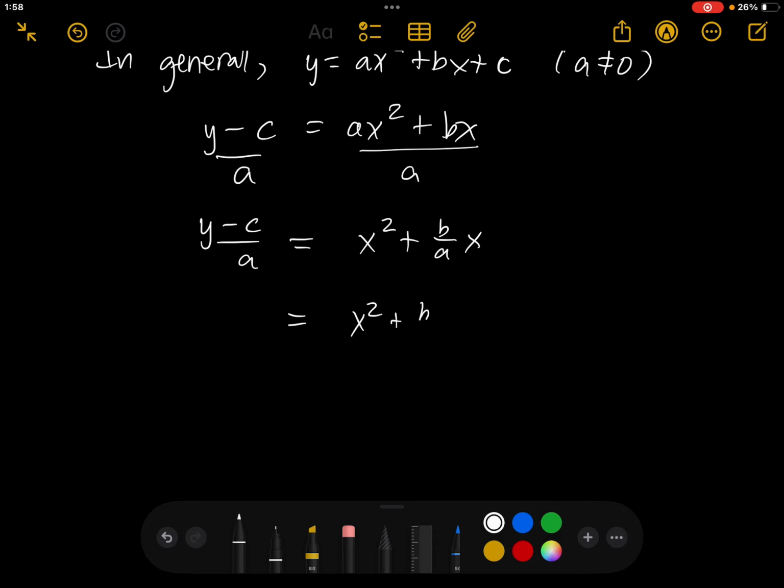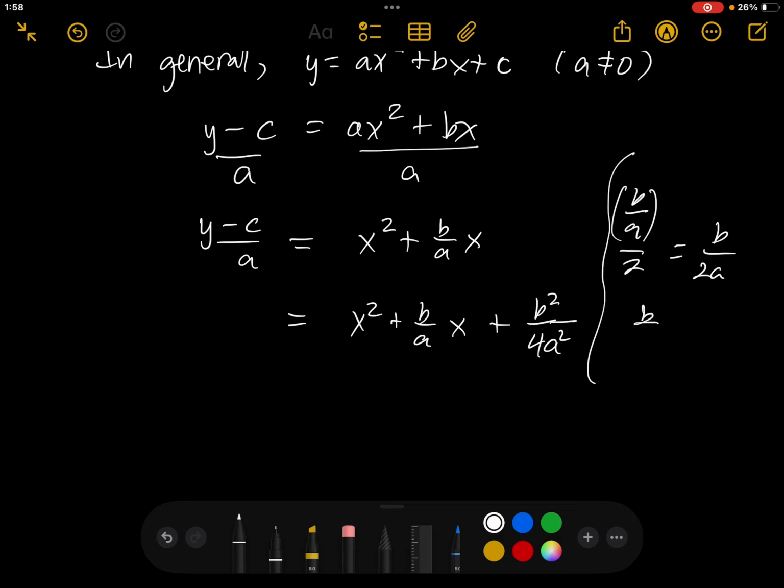What are we going to add to both sides? We're going to add b squared over 4a squared. Because we take half of b over a, that's b over 2a, and then we square it, that's b squared over 4a squared.